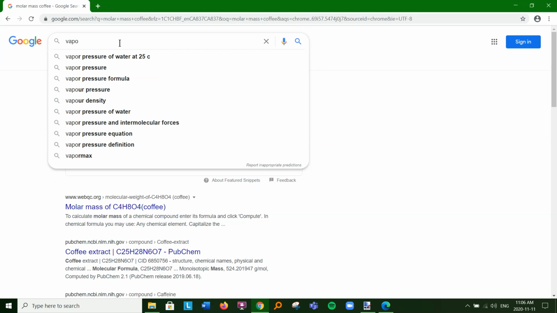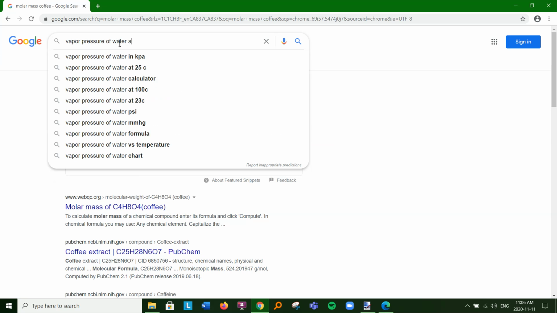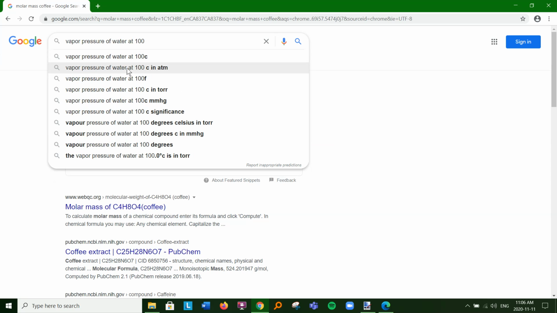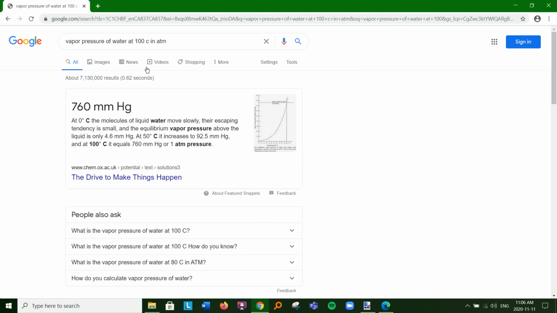Vapor pressure of water at 100 Celsius in atmospheres. Well, surprise, surprise, it's 760 millimeters of mercury.